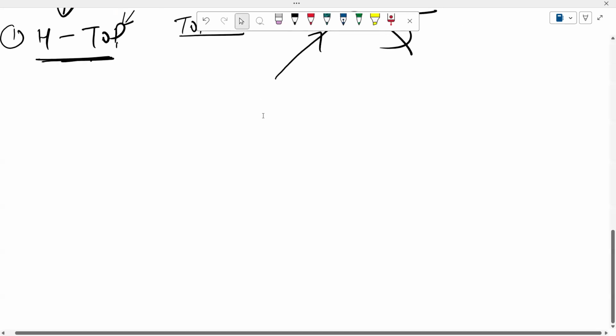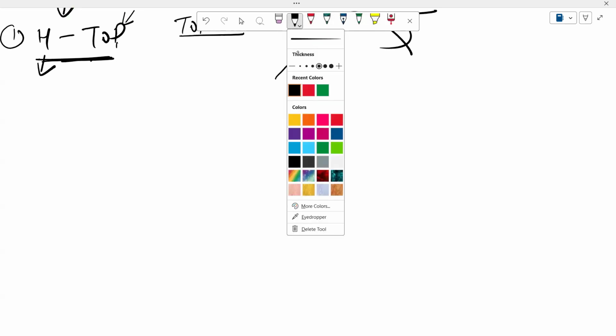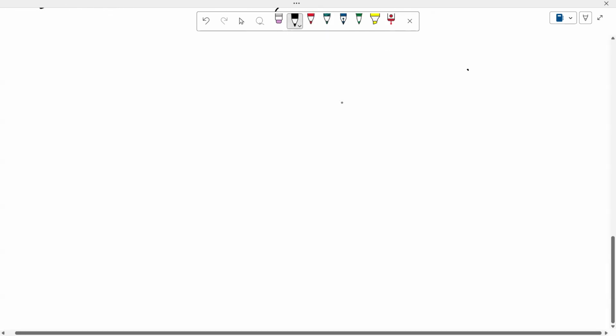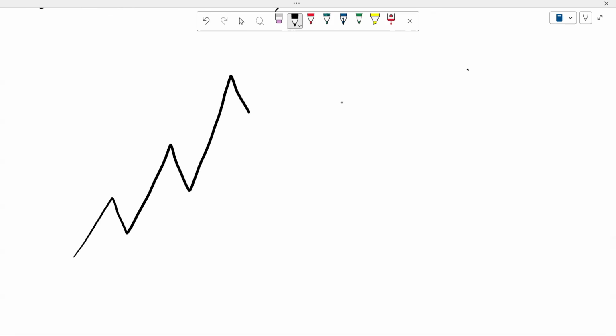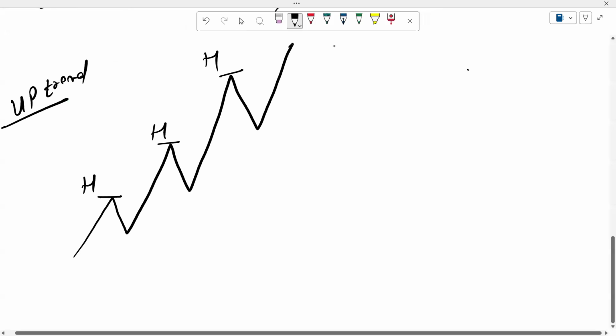Now let's leave it here, and let's understand one more topic. An uptrend: a market is going up in the upside direction. This is an uptrend, right? What is happening in the uptrend? You see the highs. These are the highs of the trend. The market is making a new high every day.